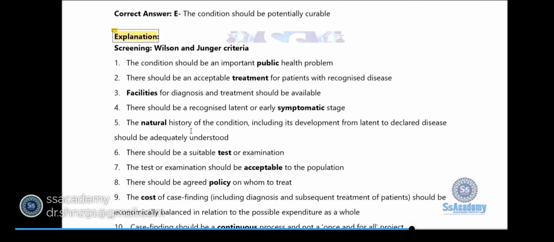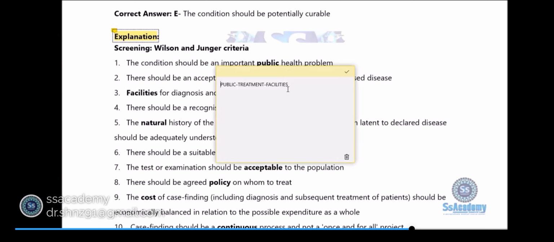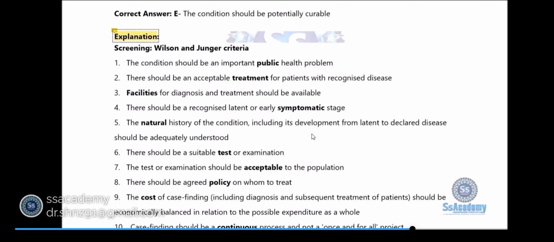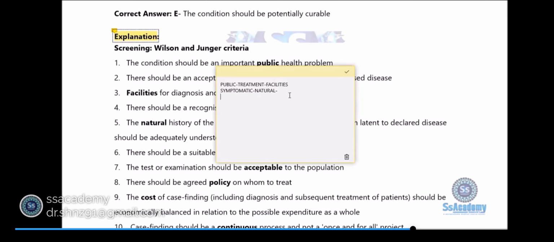Next is symptomatic, natural, then test acceptable.